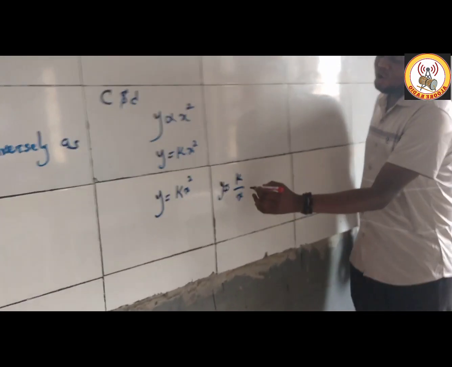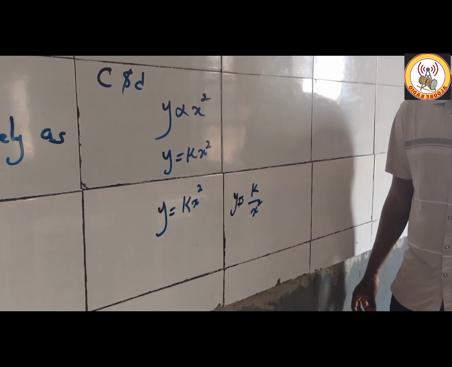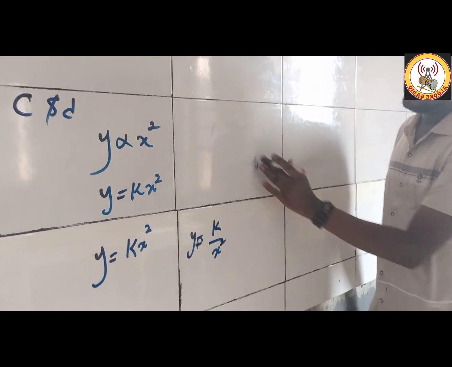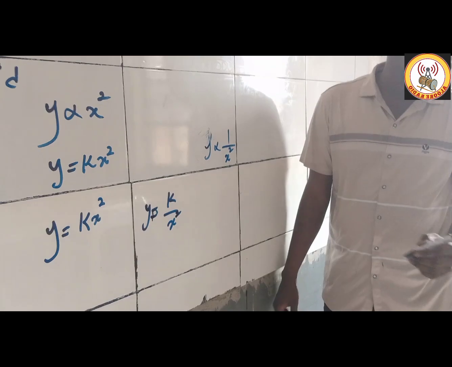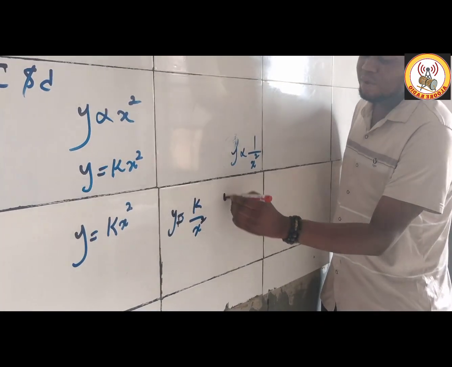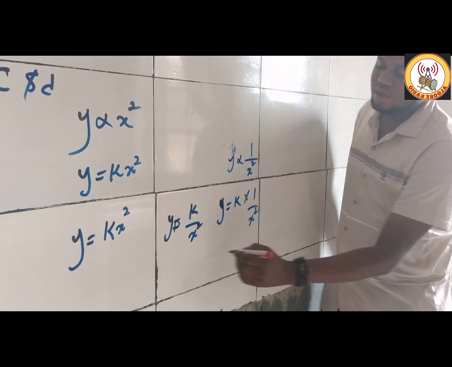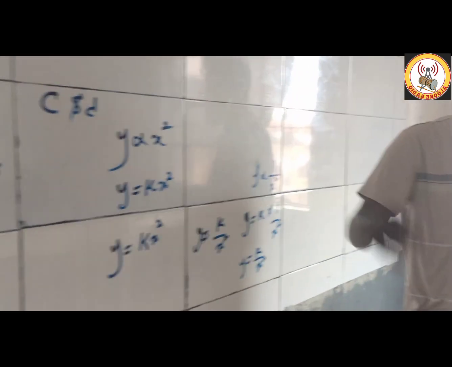It's K over x squared, because we are dealing with the square of x. That is, y varies inversely as the square of x. So y equals K multiplied by 1 over x squared, so our y equals K over x squared.